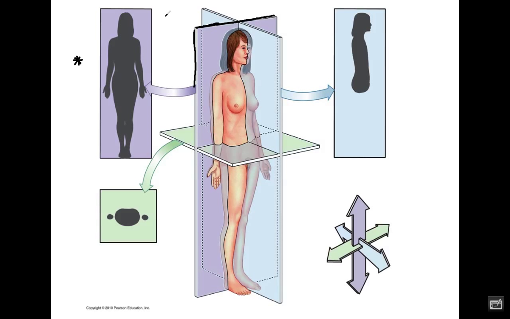So that slice is our frontal. Now, this one here, we are slicing her down in between her eyes and her nose, and we end up with this section, and that is our sagittal section.